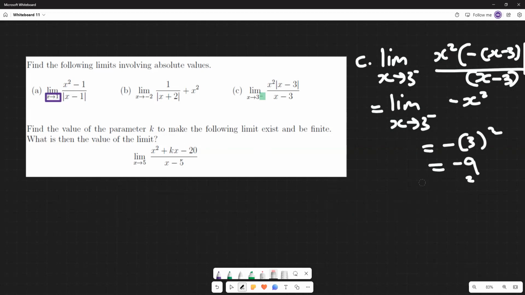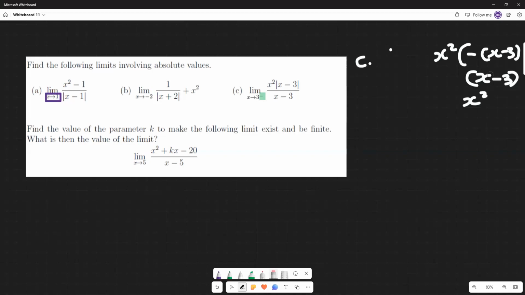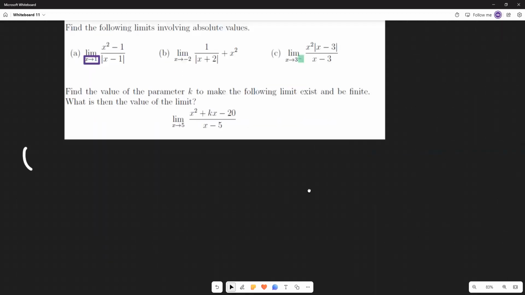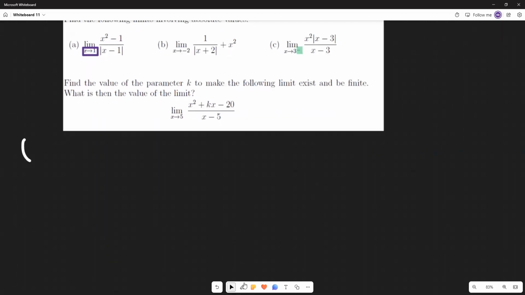On the next question, they say we need to determine the value of the parameter k to make the following limit exist and be finite. So the limit must exist and be finite. Right. Okay. So I see that if I were to substitute 5 here, I'll get 0, which is undefined. And I can see that at the top, I must have a rational function. So the first step that I'm going to do here is this.